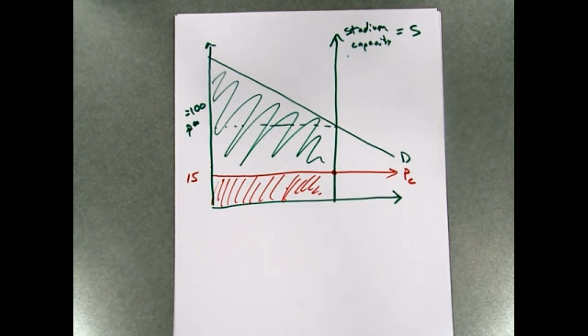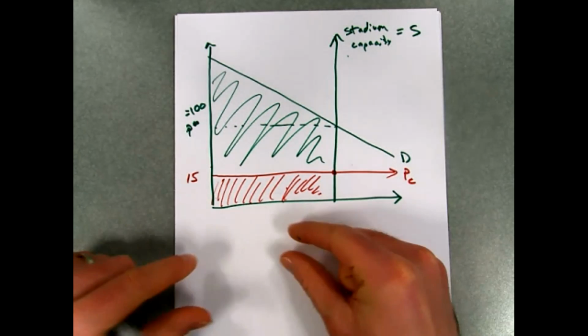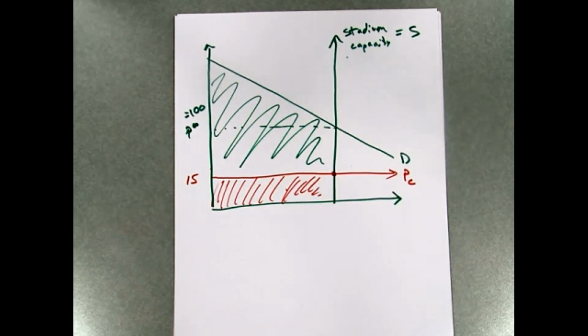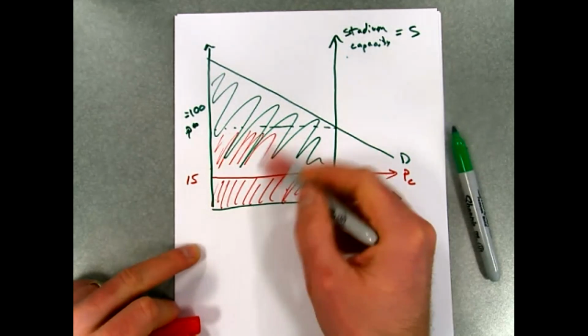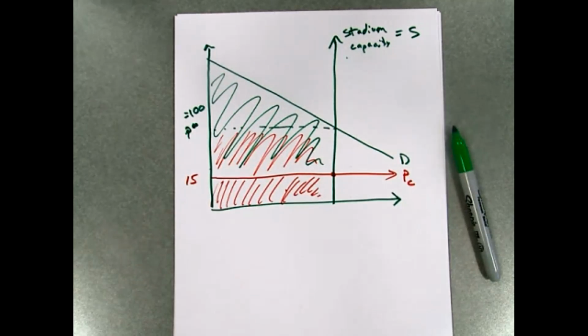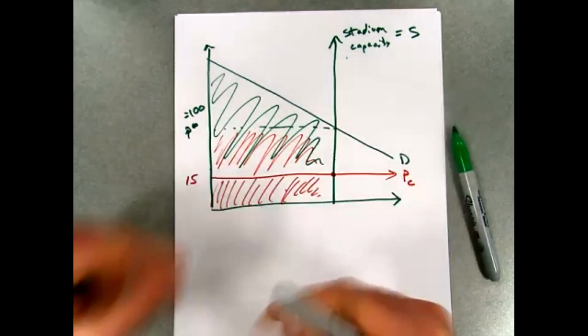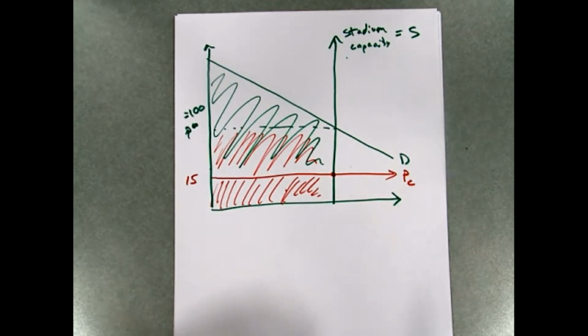So if producers aren't responsive at all to price changes, then they're going to bear the entire burden of all the surplus loss. And we actually can end up with zero deadweight loss. It's just a transfer of surplus, right? Before, without the price ceiling, all of this area here would have been producer surplus. After the price ceiling, we've just transferred it. And we end up with zero deadweight loss. So it's a unique example, and this would be a case where we don't have any deadweight loss.